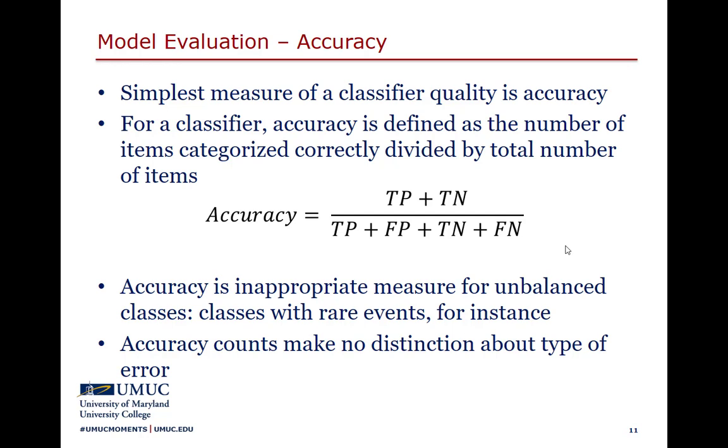Also, depending on the application, you might be interested in one of the events, the event of interest. For instance, in spam classification, you might tolerate some spam in the interest of not missing good emails, right? So you might emphasize some aspect of the model prediction more than another, right?